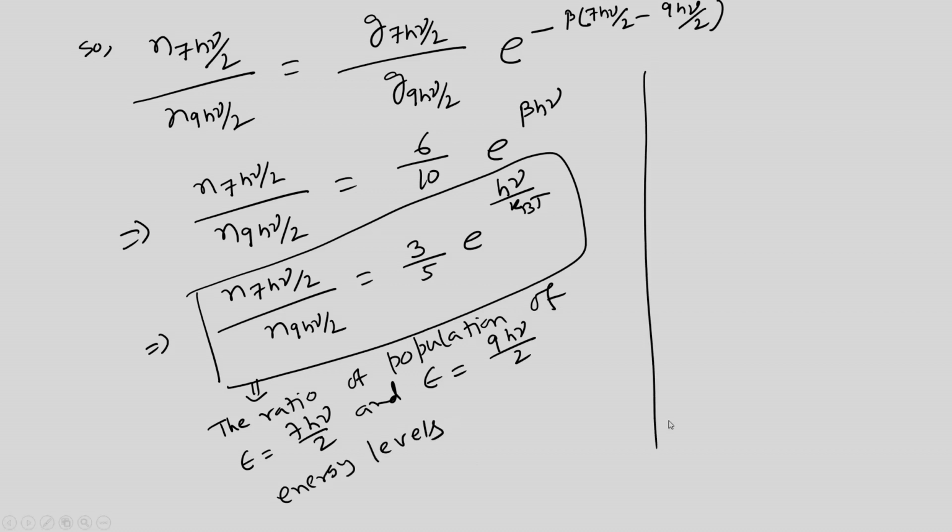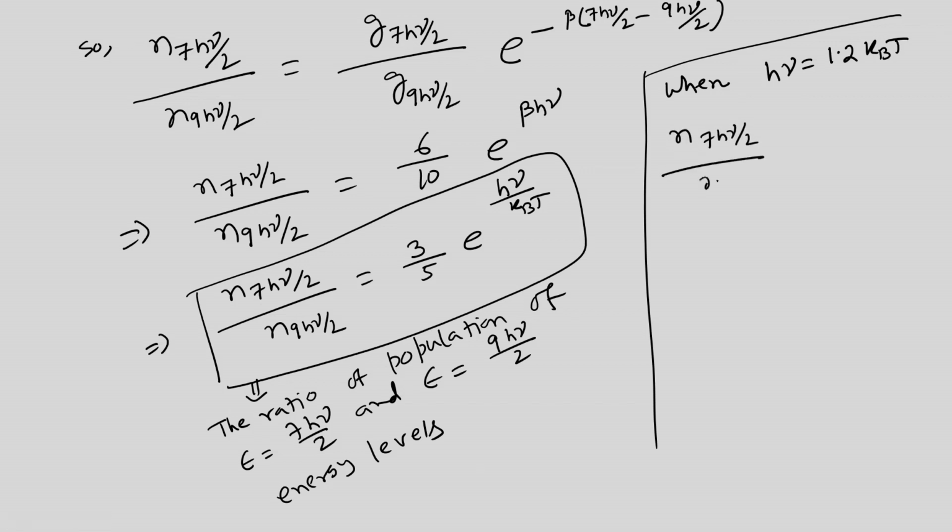Now the next part, when h nu is 1.2 times kBT, we get n 7 h nu by 2 by n 9 h nu by 2 is 3 by 5 e to the 1.2.